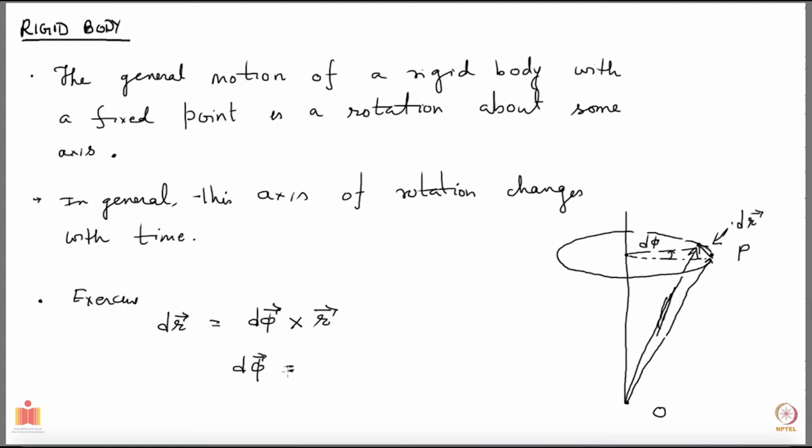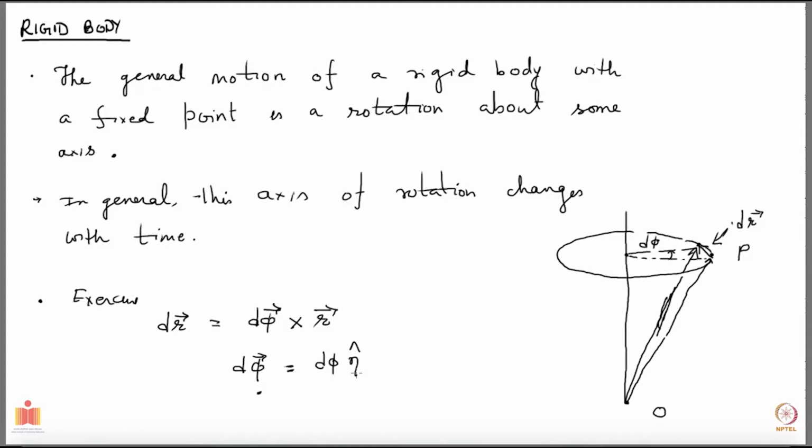You can look up any textbook and you'll find more discussion on these vectors. This vector has a magnitude equal to the angle covered, d phi, and its direction is given by the right hand rule. If your particle is going counterclockwise, then your thumb points along the axis of rotation, and that direction is assigned to d phi.